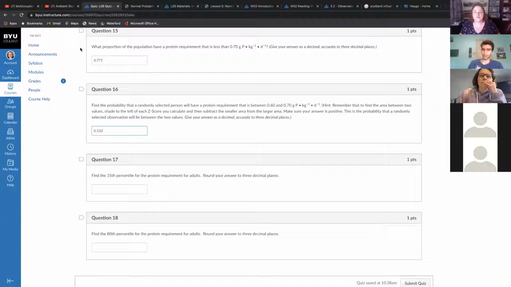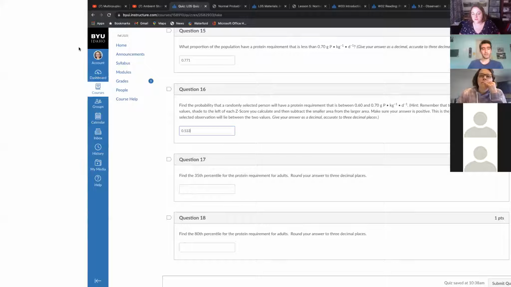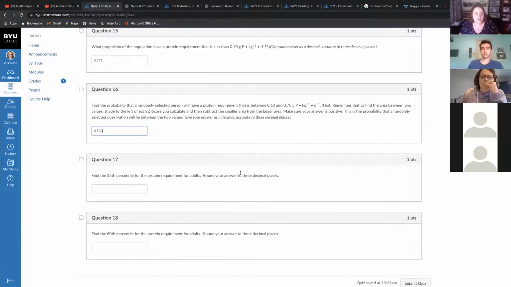Okay, I think I remember how to do this. You turn the 35th percentile into 0.35, and that's the value in the Z-score table. And then it's going to be just like the other problems, except it's going to be all the values less than that. Okay.